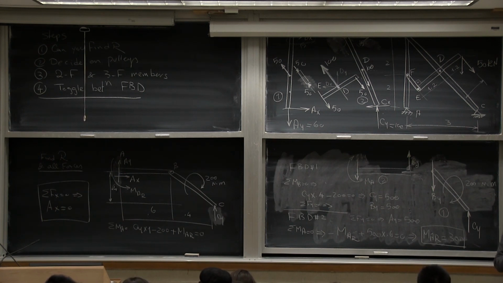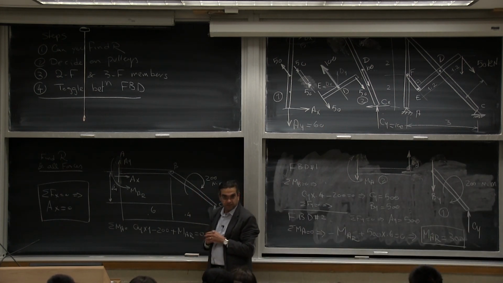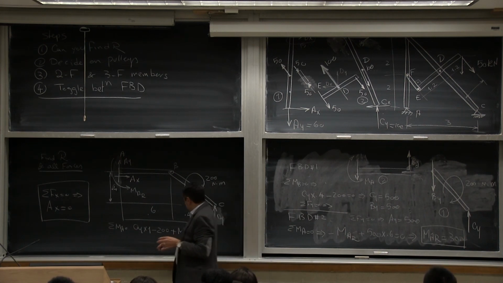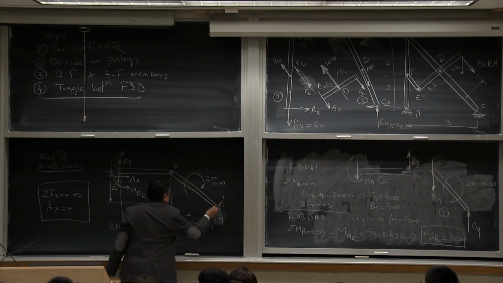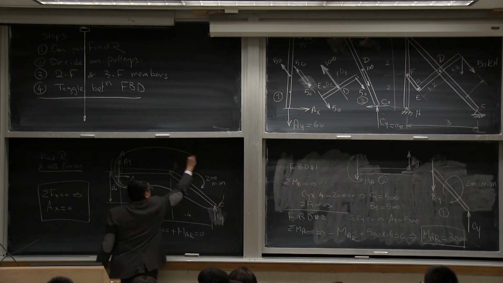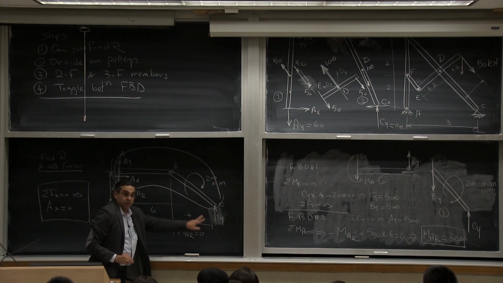The first, which is very important, is what we said before, a couple is a couple everywhere. Okay? If you are looking at this whole body, you are looking for the reactions. Am I right?